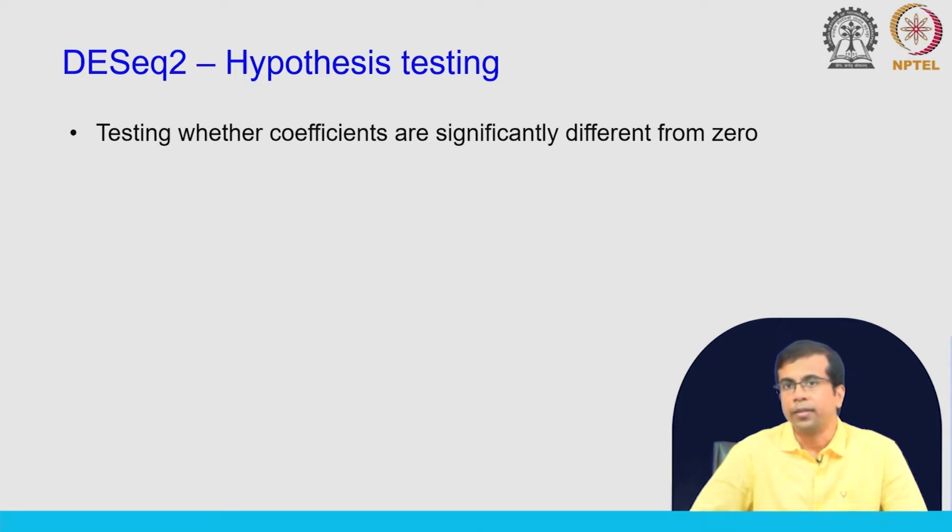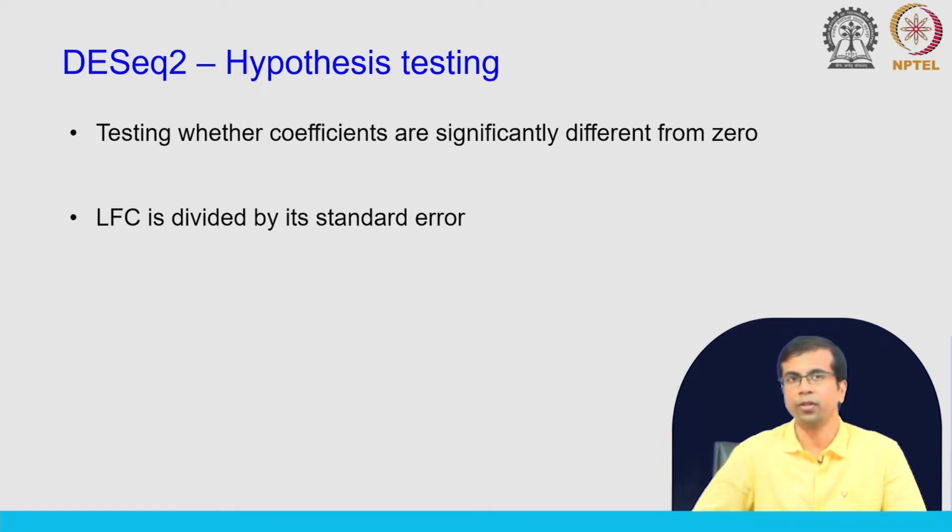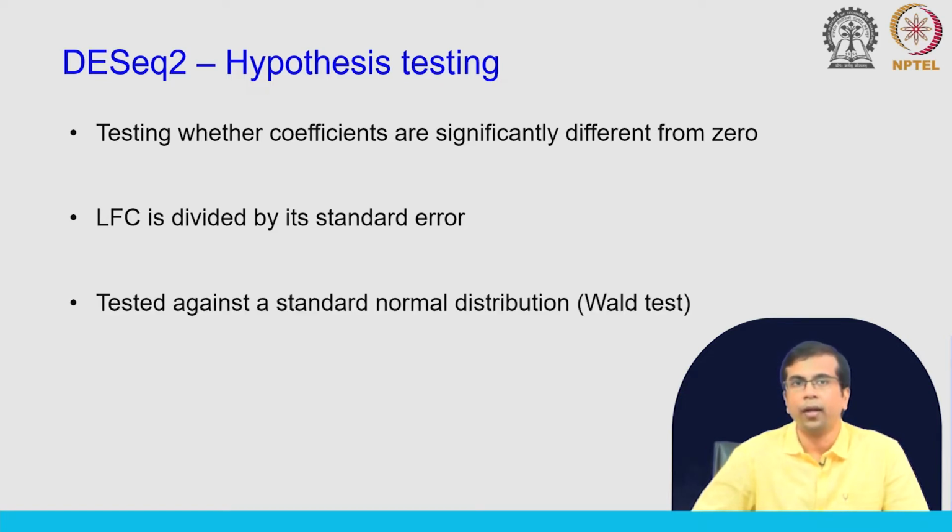So, this is what DESeq2 does. Precisely, we are testing whether coefficients are significantly different from 0, and the genes whose coefficients are significantly different from 0 will be identified as differentially expressed genes. To do that, DESeq2 divides these log-fold changes by the standard error and tests against a standard normal distribution using the Wald test.